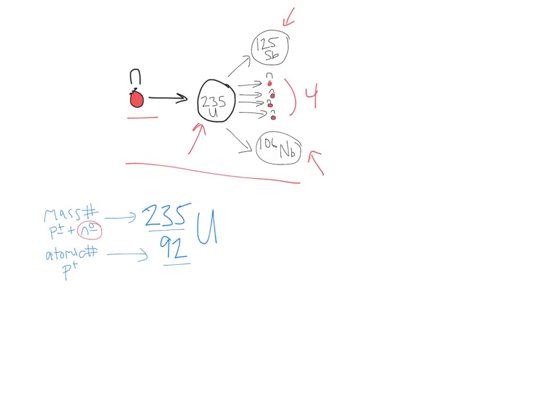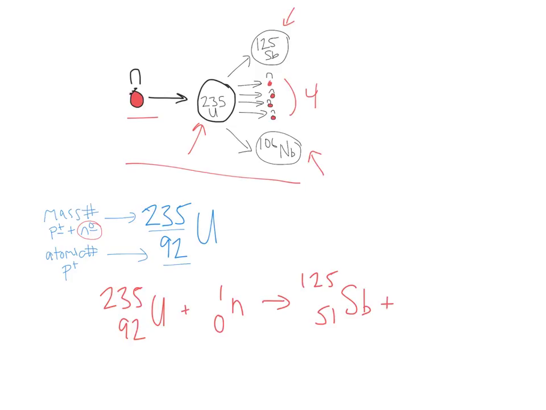you're going to start off by saying 235 uranium, which is this isotope which weighs 235 grams. Then this is going to be added to 1 neutron. And when this reacts, it produces antimony 125, which is element number 51, so it has atomic number of 51.